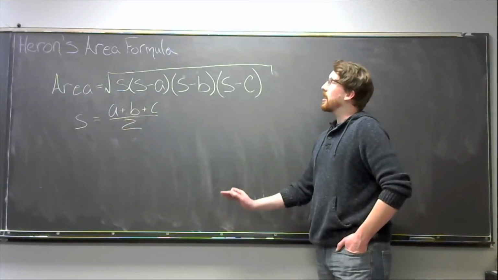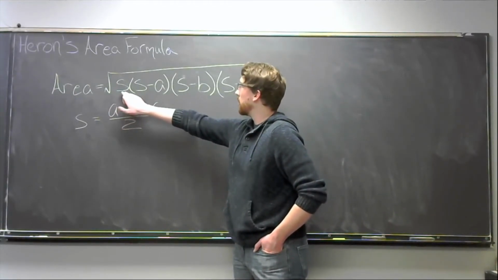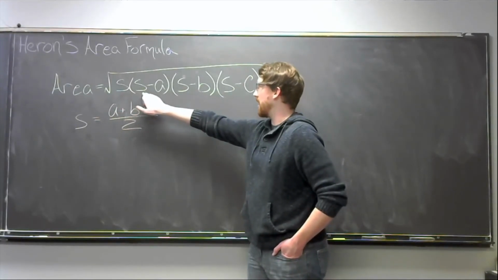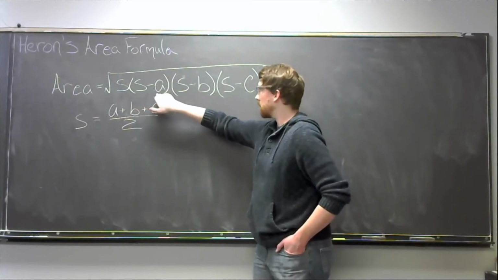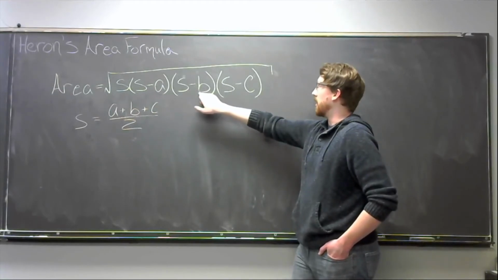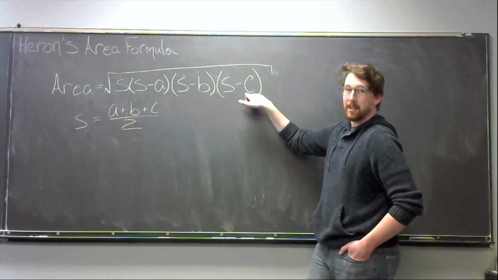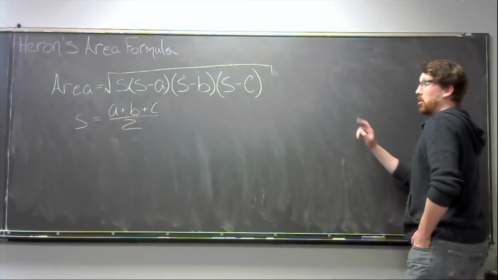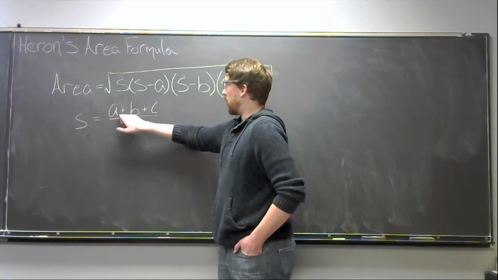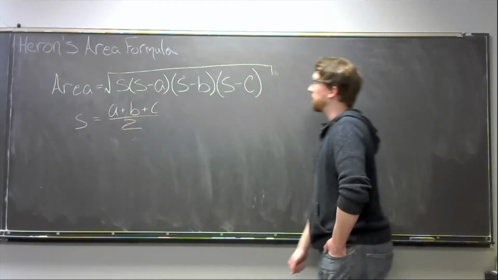Heron's area formula is equal to the square root of the quantity S times the quantity S minus A times the quantity S minus B times the quantity S minus C, all where S is equal to the quantity A plus B plus C divided by 2.